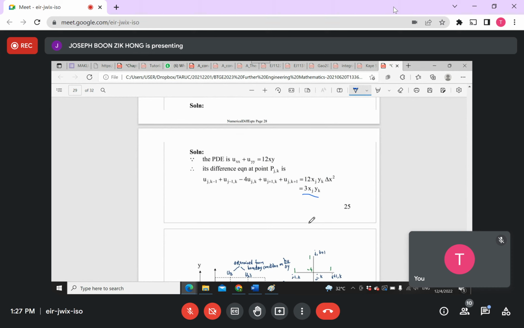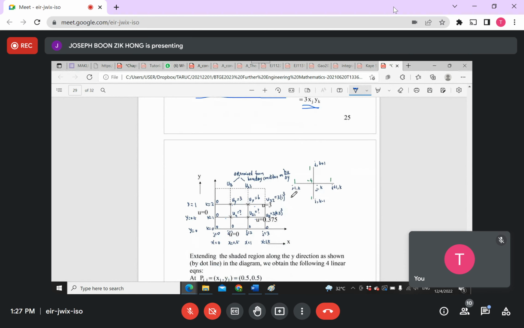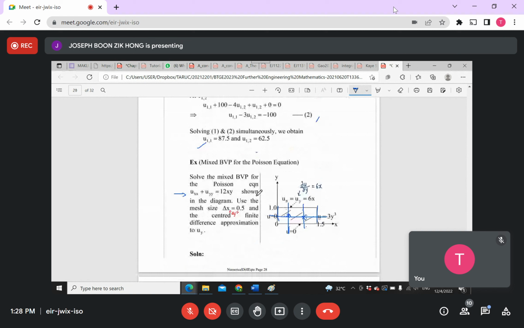Okay, so this is the equation, and then again, just like just now what I said, how come the 2 line? 0.5, 1.0.